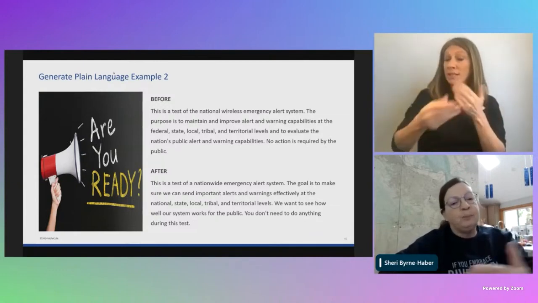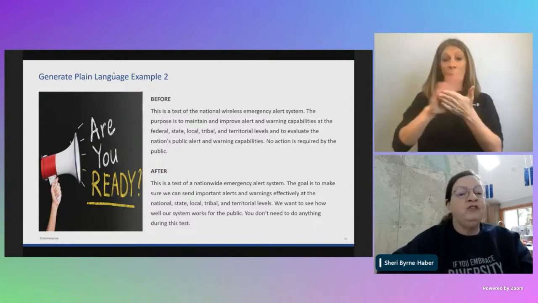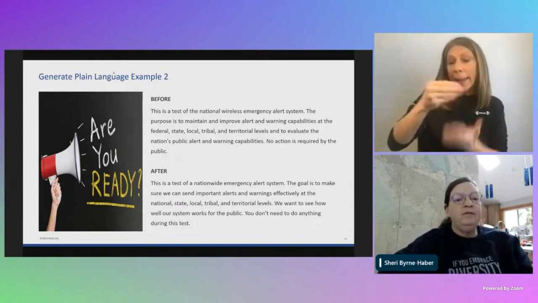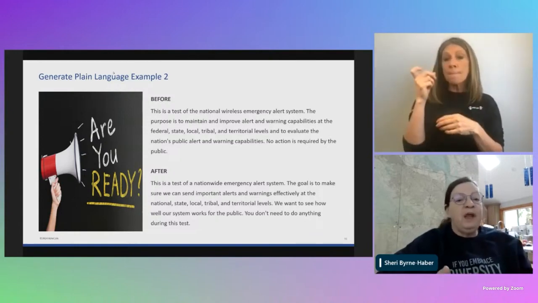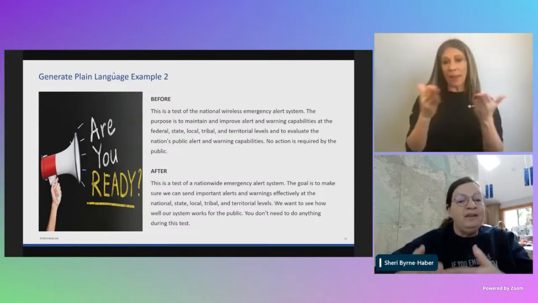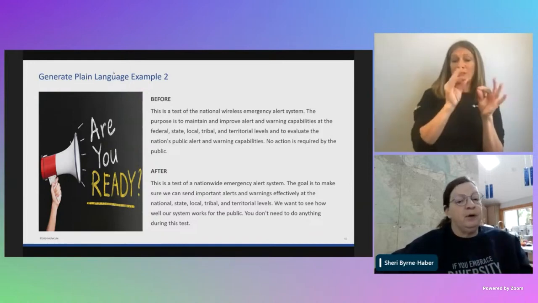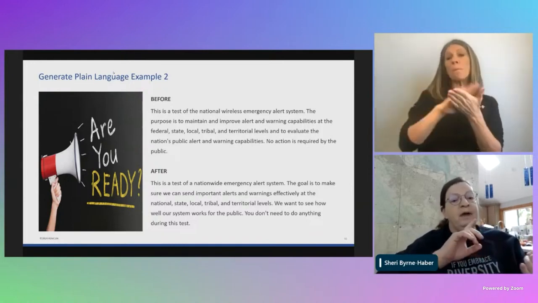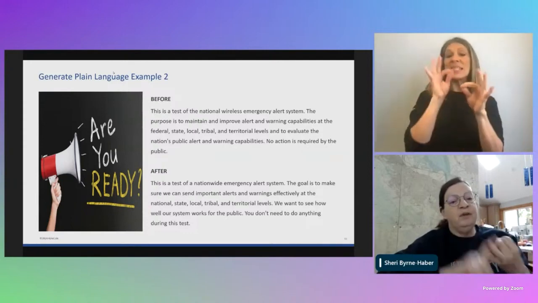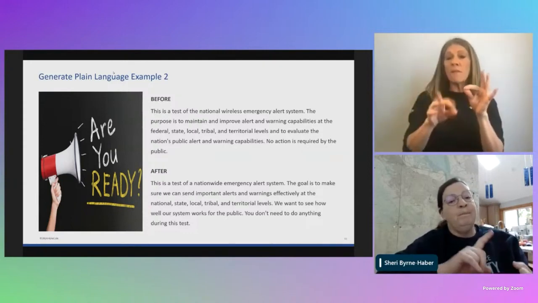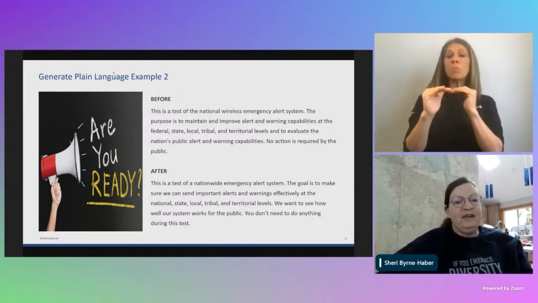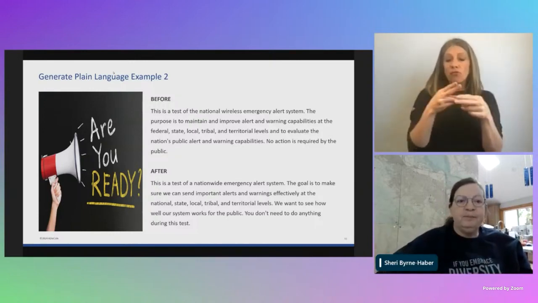Plain language might change that to the word "buy," B-U-Y, because the words mean the same thing, but "buy" is a simpler word to understand than "purchase." And that's part of what plain language is all about. It's simplifying the language, simplifying the verb tenses, making things consistent, and breaking up sentences into shorter chunks.